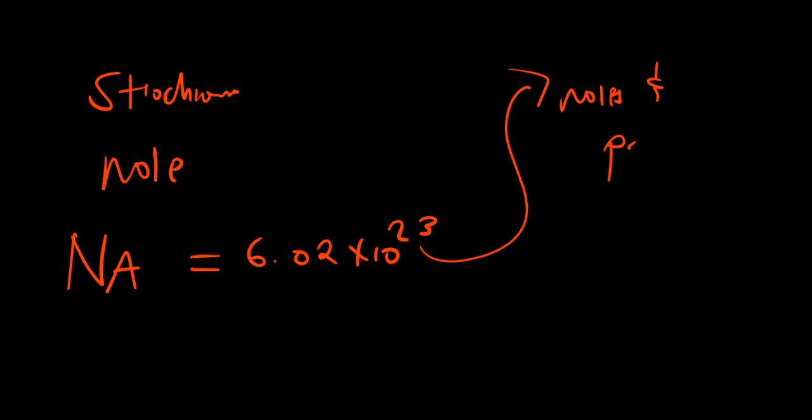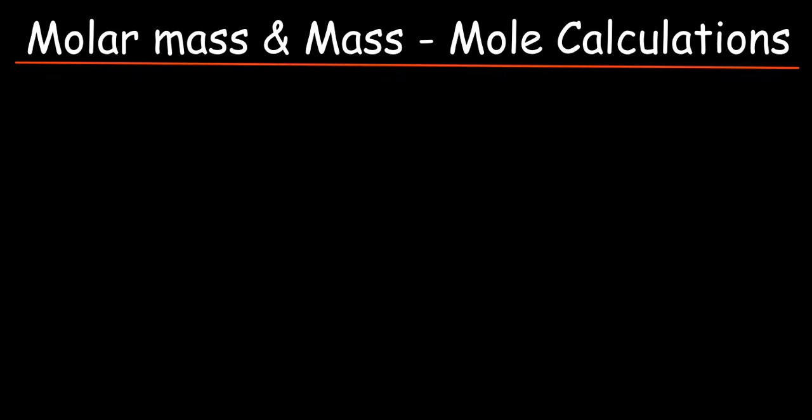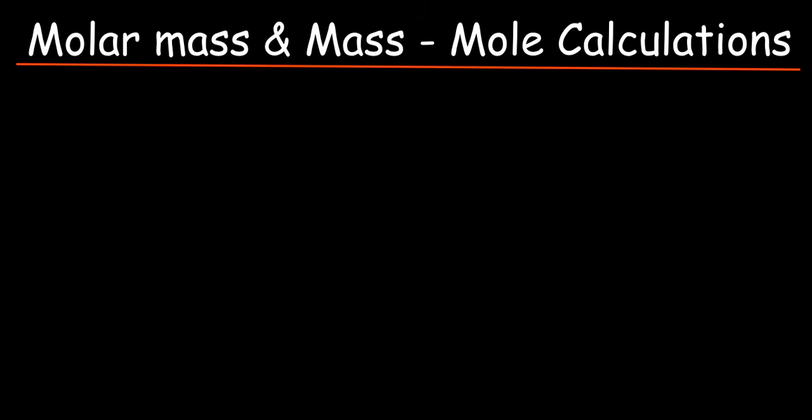Very important. Now let's talk about molar mass and mass-to-mole calculations. This is where stoichiometry starts to make sense, because in exams just this part alone can earn you about 20 to 30% of your chemistry mark.